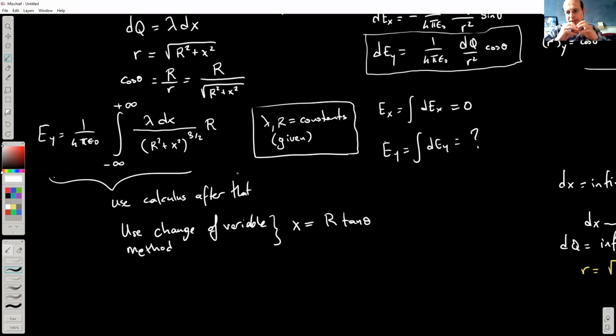It appears that for these infinite line problems with uniform charge density, theta is the natural variable that gives you simple integrals. So it's important that we start from the beginning, do everything that we have done up to this point, but this time use theta as the variable.